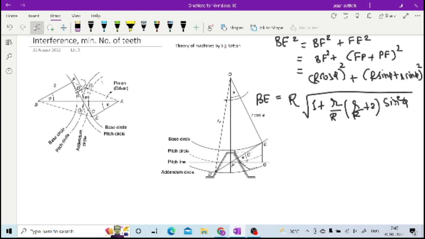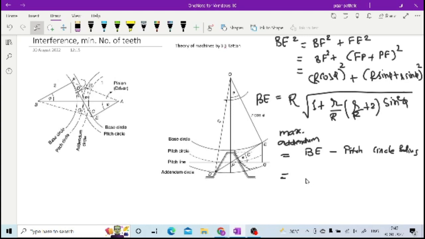Now if this is your BE, then your maximum addendum can be written as BE minus pitch circle radius. That BE you have calculated, right?